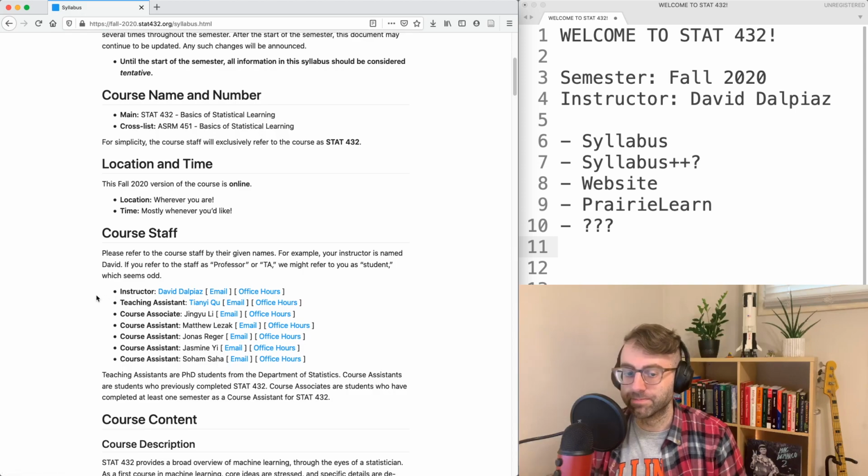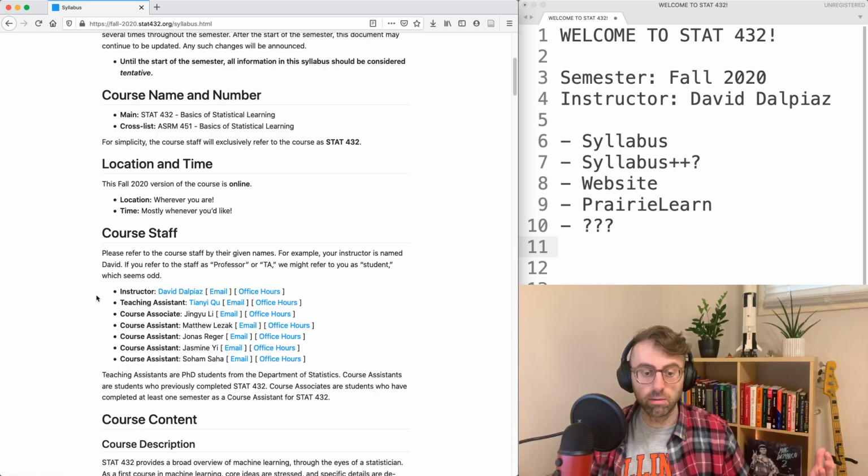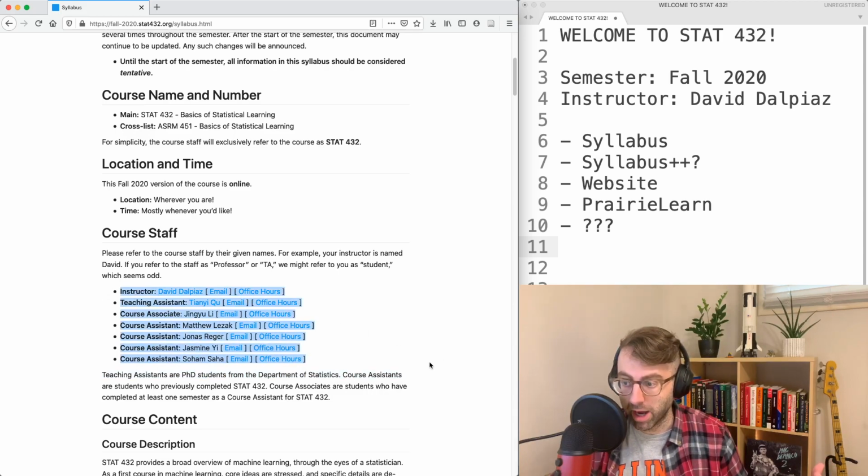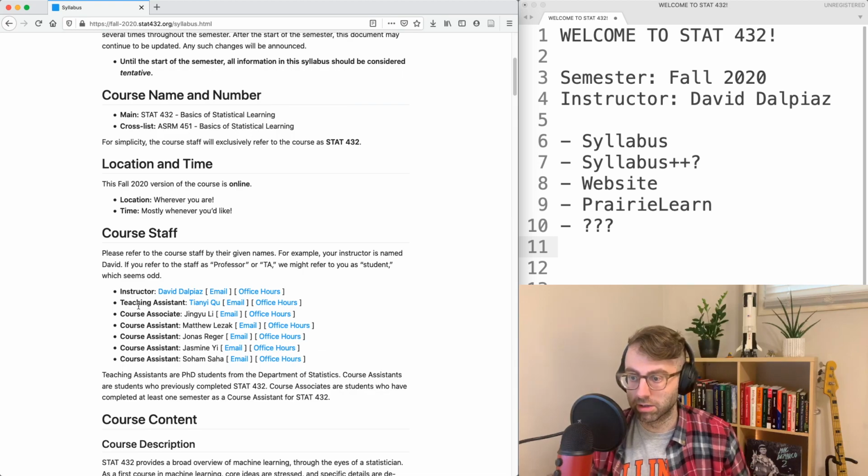Anyway, I am the instructor of the course, which makes me the most visible member of the course staff, but we actually have a rather large course staff, including PhD students from the Department of Statistics, that is a teaching assistant, in this case, Tianyi, and what I'm calling a course associate, Jingyu. She has been with the course; this is her third semester now.